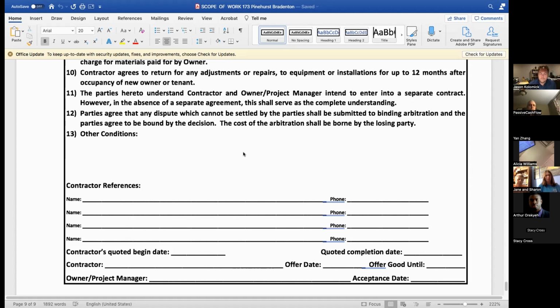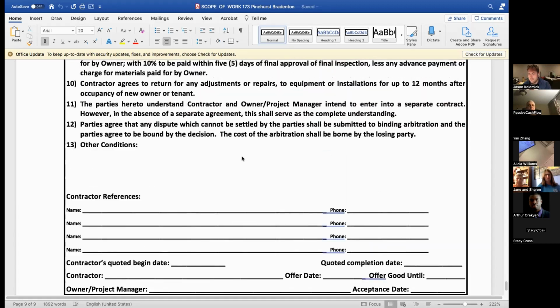If he says he needs extra capital, we'll get in, split it and then split profits. He needed a couple units and we found units for him and helped him fix them up, and he's paying us on an owner finance lease option. So he's a really good guy, and we work with him.